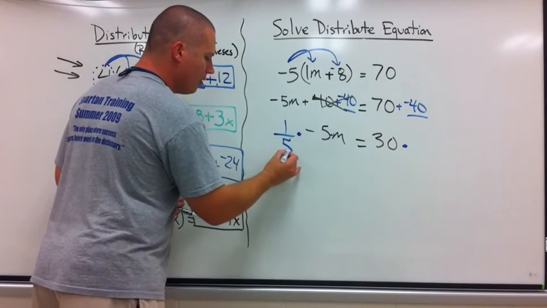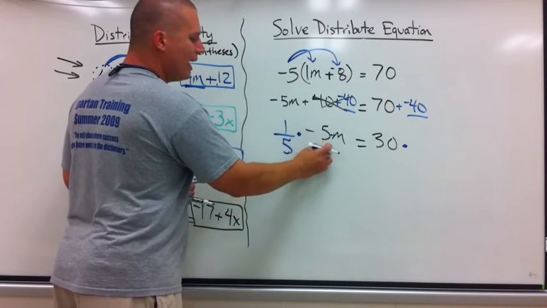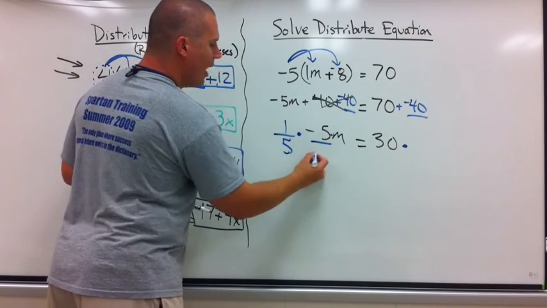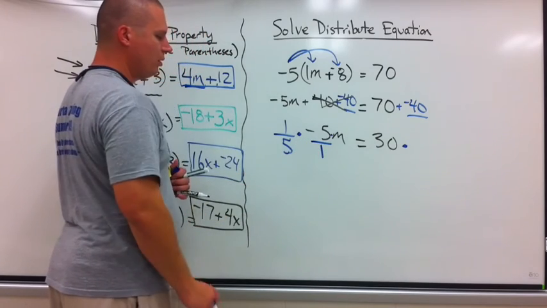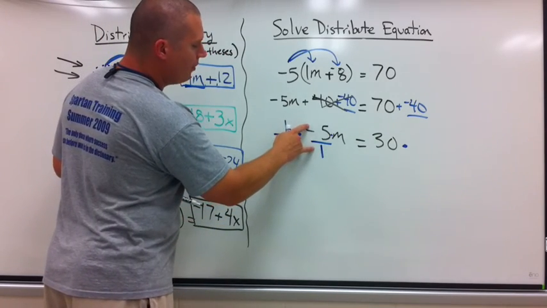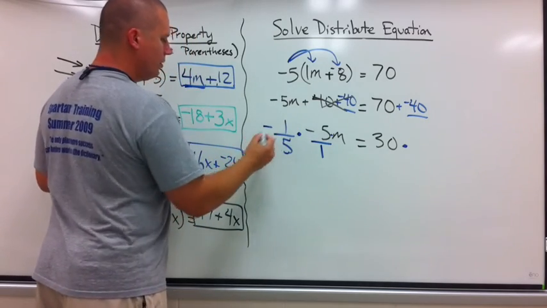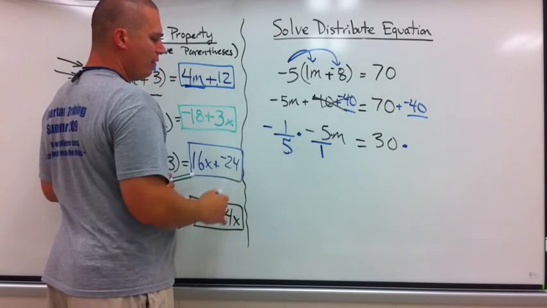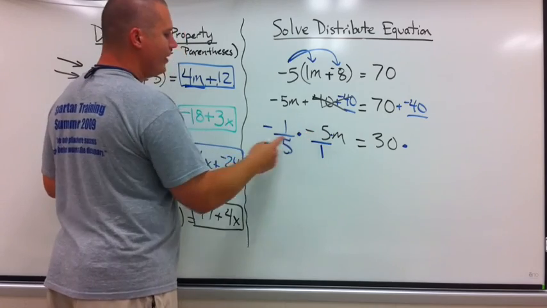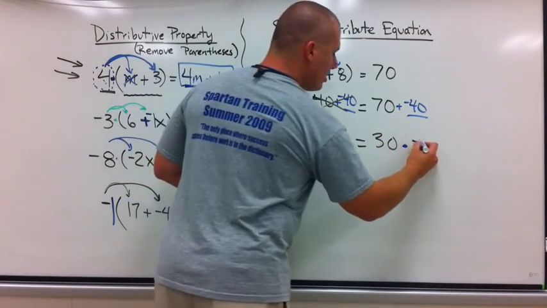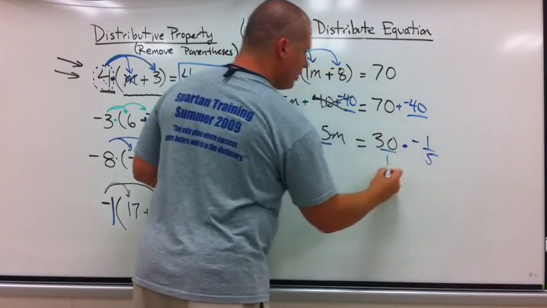That's not true either. What fraction is negative 5? Negative 5 over 1. What is the reciprocal of negative 5 over 1? It should be negative 1 over 5. If it was negative, it stays a negative. Times this side, negative 1 over 5.